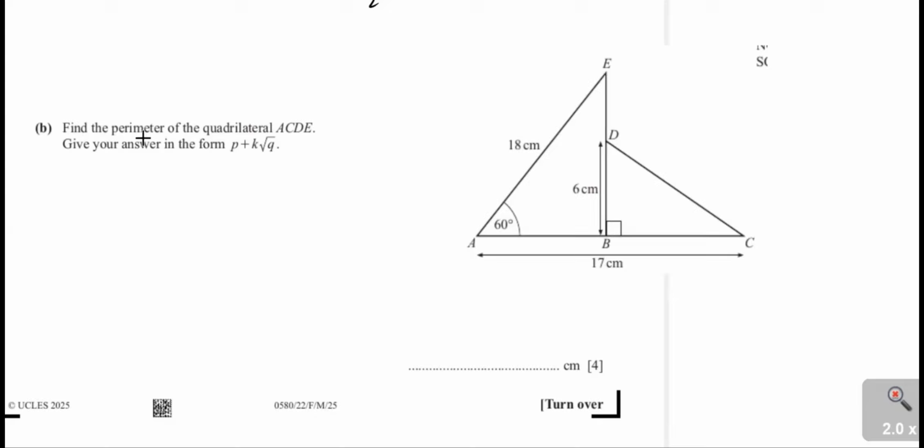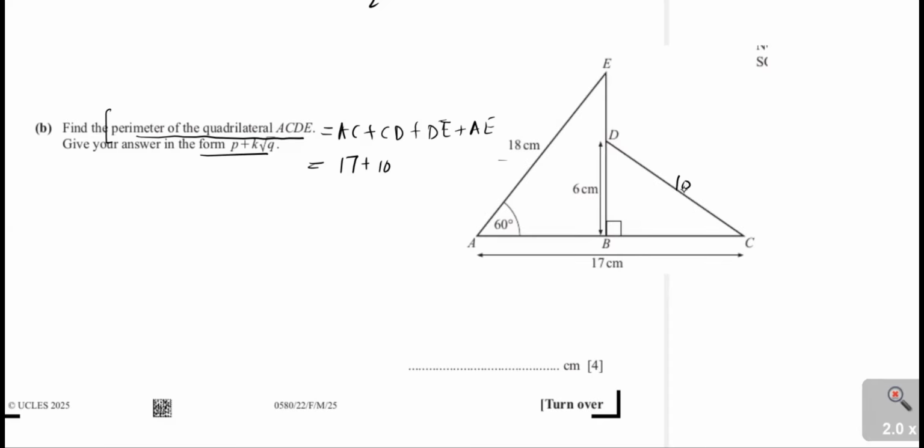Part B, find the perimeter of quadrilateral ACDE. Give your answer in the form of P plus K square root Q. The perimeter of ACDE is equal to AC plus CD plus DE plus AE length. Look here, AC is 17, CD length here is 10.